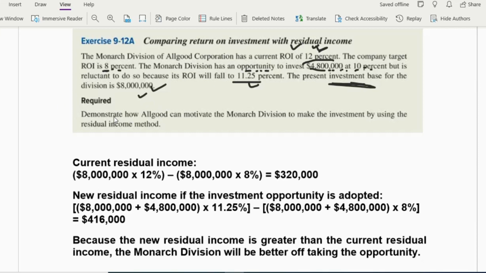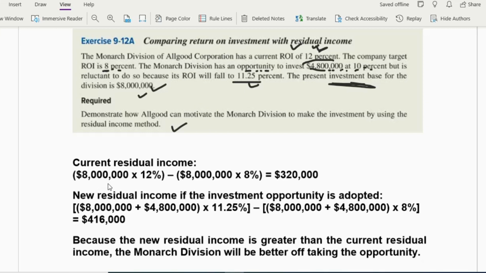Now they want us to demonstrate how Allgood can motivate the Monash division to make the investment by using the residual income method. So they want us to use the residual income formula and create the justification that this investment is good. So let's calculate the residual income in the current situation, and if we do this investment, then what will be the situation.